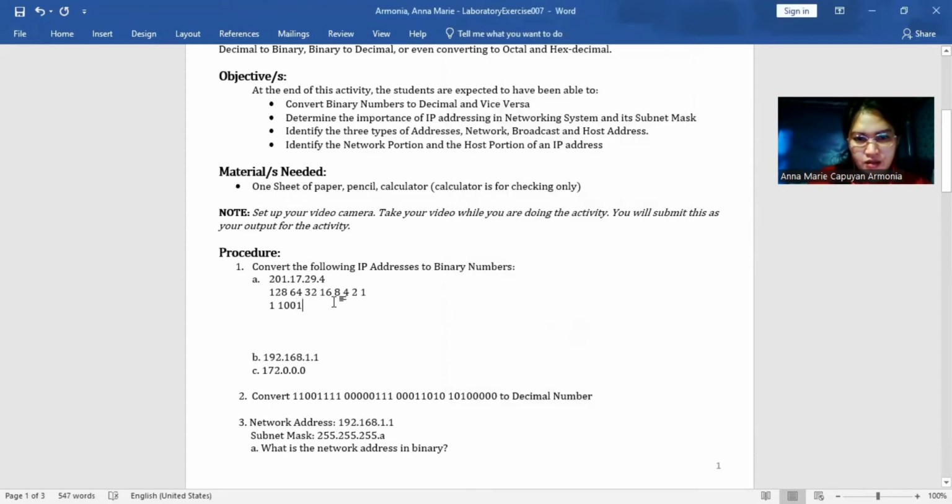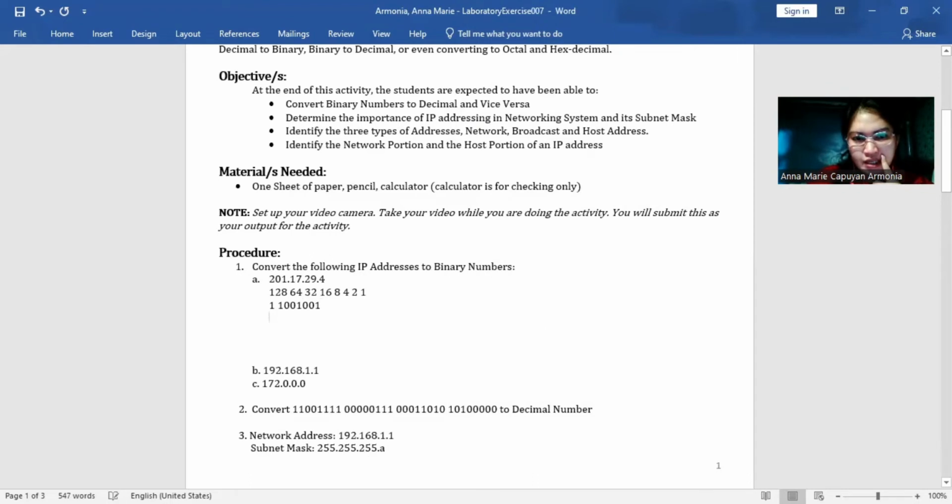For the 4 and 2 it would be 0, 0, because 1 cannot be subtracted from 4 and 2. So 1 can be subtracted from 1, so we put 1. The binary for the 201 is 11001001.